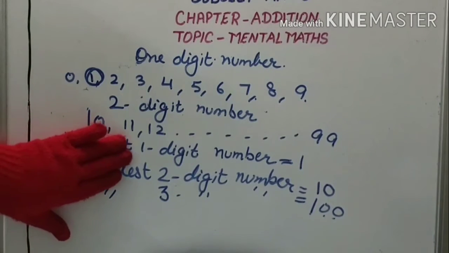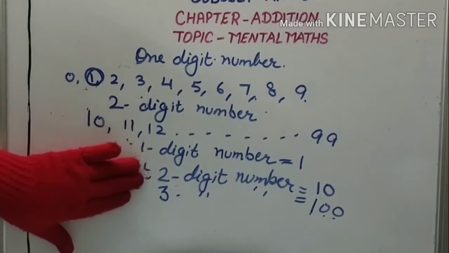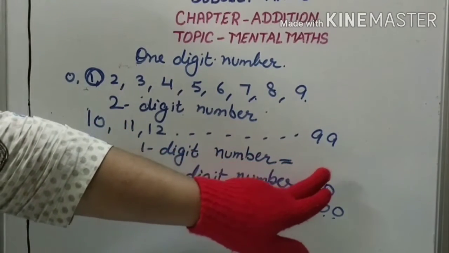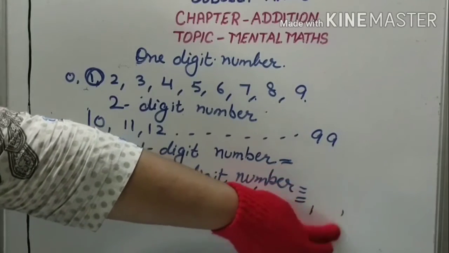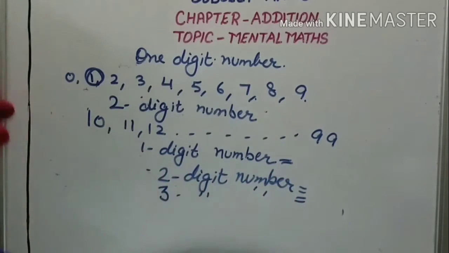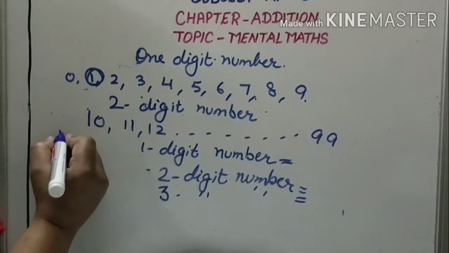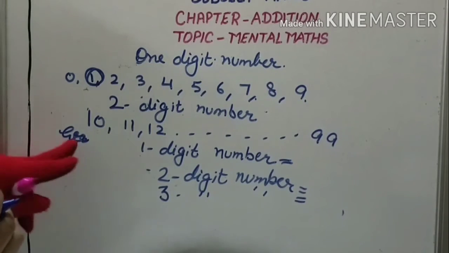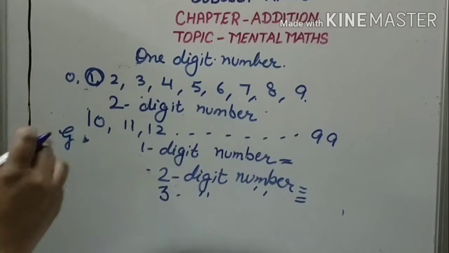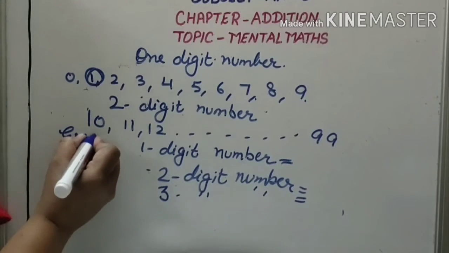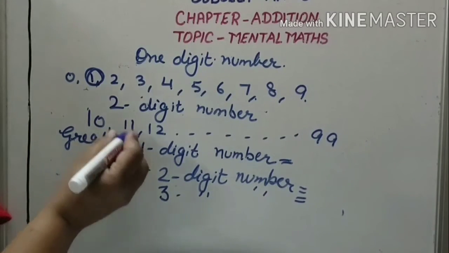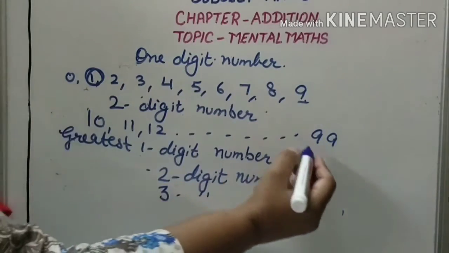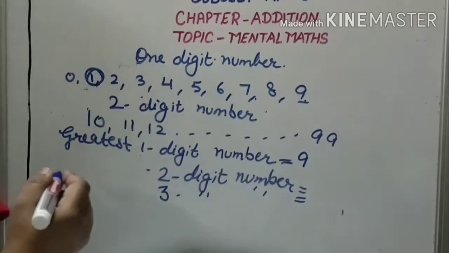Now children, if we have to write the greatest number, you can find out the greatest 1-digit number. Which is the greatest 1-digit number? That is 9. After that 2-digit starts, no? So it will be 9.